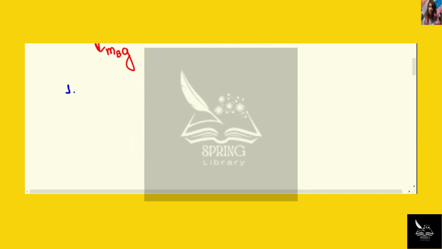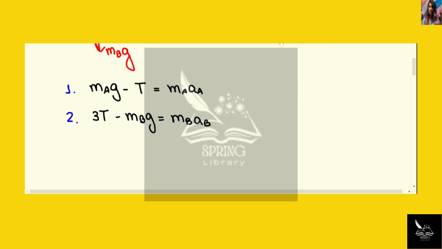So I have 1, that's MAG minus T is equal to MA times AA. And then we have 3T minus MBG is equal to MB AB. What I'm going to do is multiply equation 1 by 3, and then sum both equations.